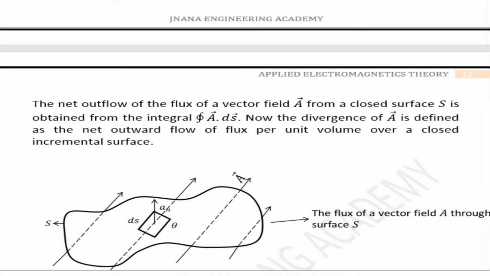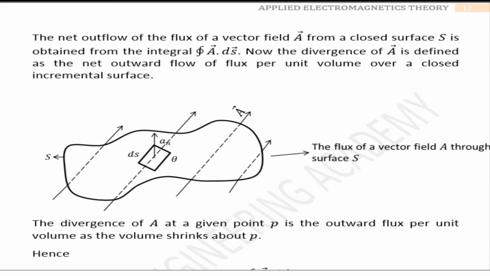Now we move on to the physical significance of the divergence. Here we are considering a closed surface S. Now the net outflow of flux of a vector field A from this particular surface is obtained by the closed integral A dot ds.